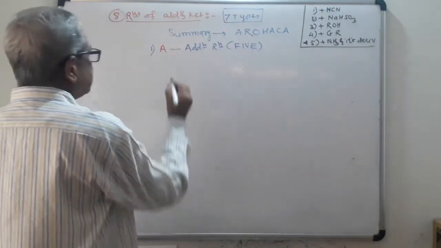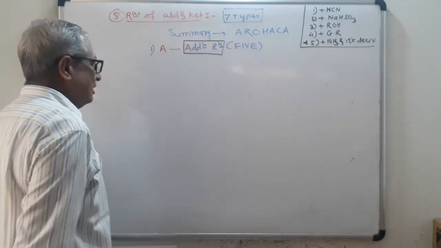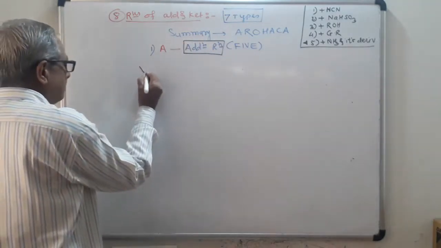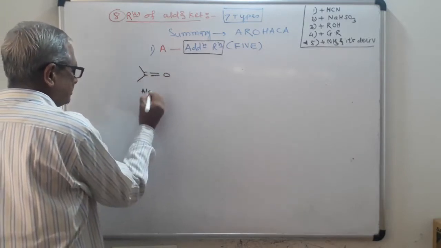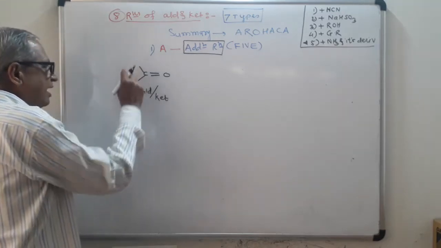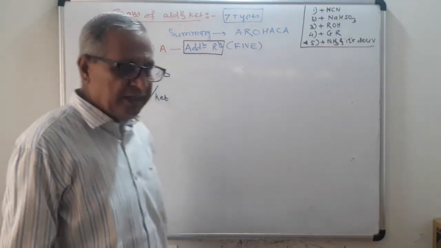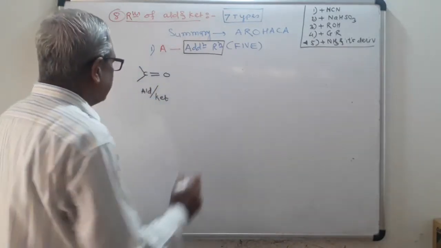Now first I will set the question on the addition reaction. See, this is the common part of aldehyde and ketone. This is aldehyde or ketone. When we put here R and H, that will become aldehyde. When we substitute here R and R, that will become ketone.